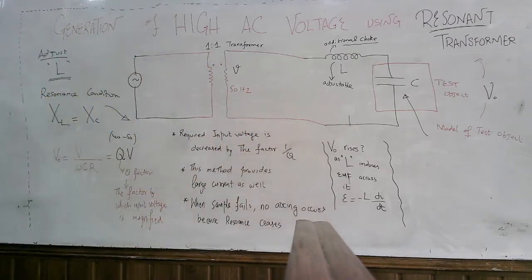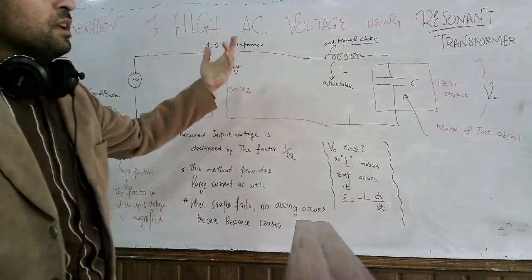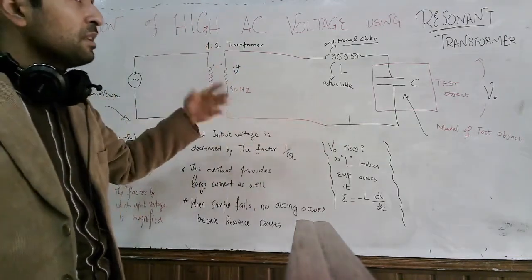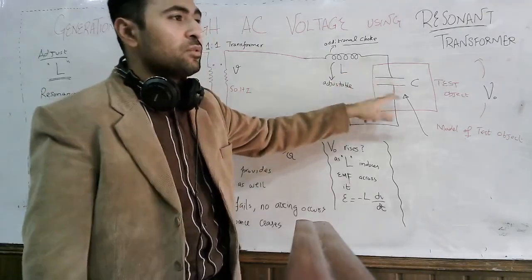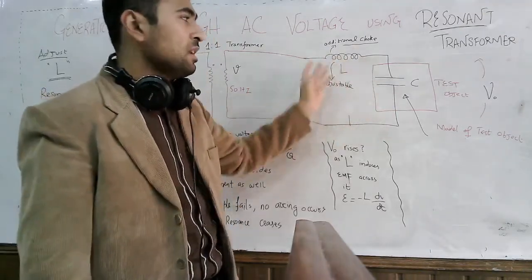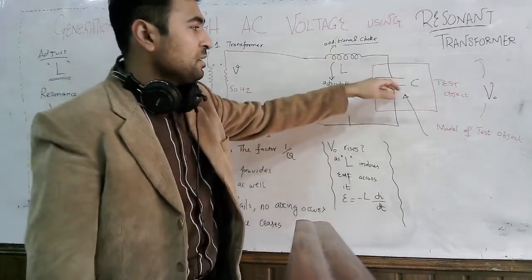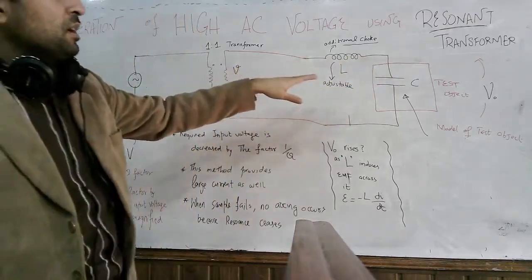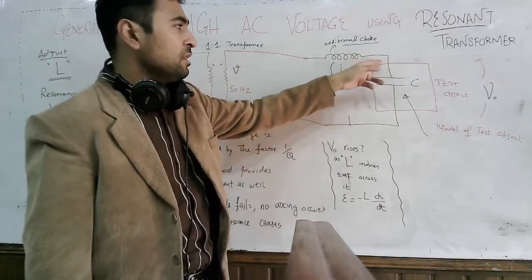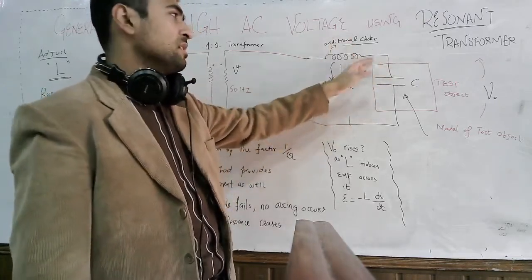Now one thing you may ask is how the voltage rises here. As I told you, it is because of the resonance. The concept in resonance is that the inductor and capacitor start to exchange their energies with each other. What happens? The current flows. When first the capacitor is putting its energy into the inductor, the current is in this direction, and the current decreases because the capacitor is discharging across the inductor.